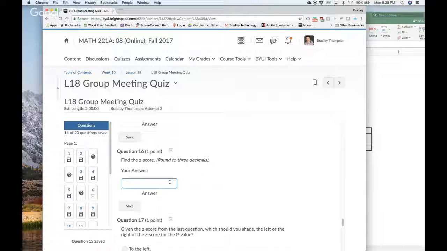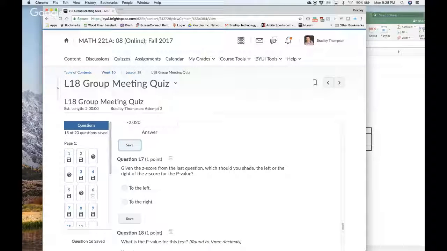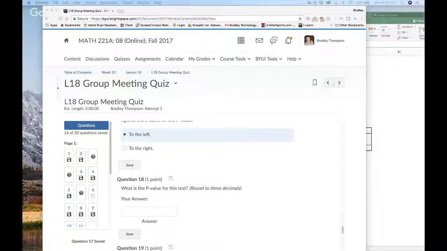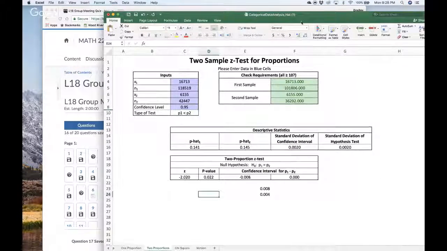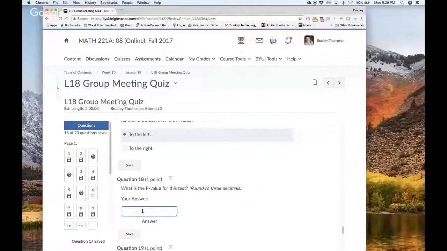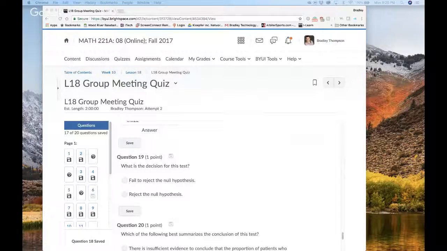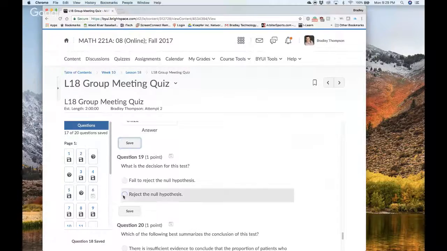So what were our, for that, P1, 0.743 minus 0.712. Oops, 0.743 minus 0.712. So would it be 0.031? So where's the P? So 1 point, negative point, hold on.